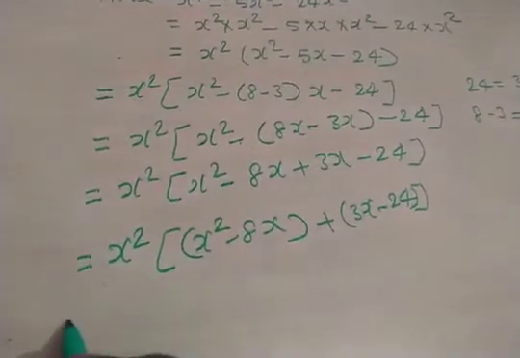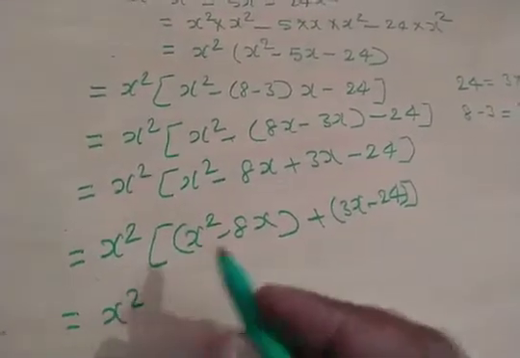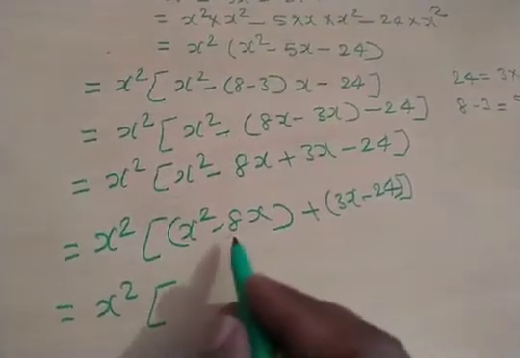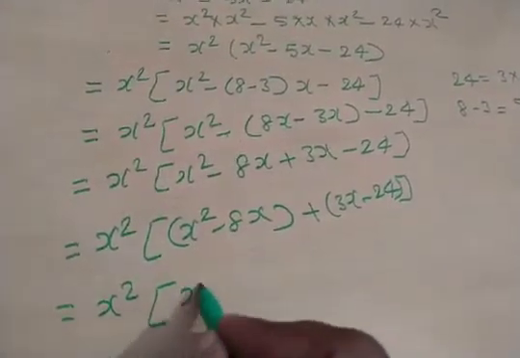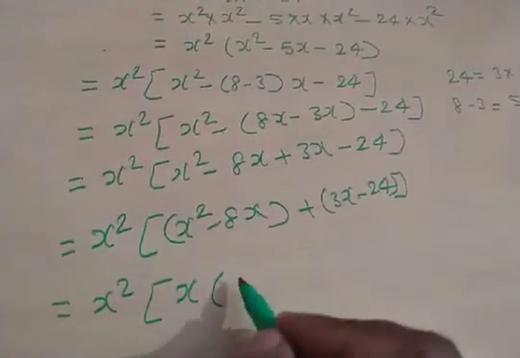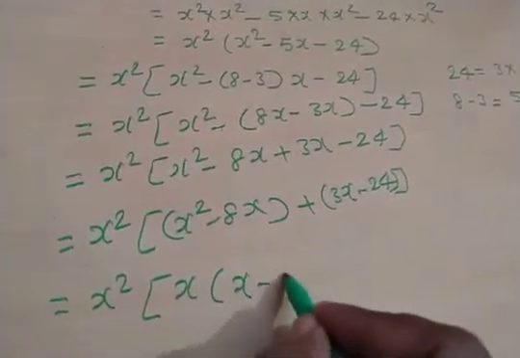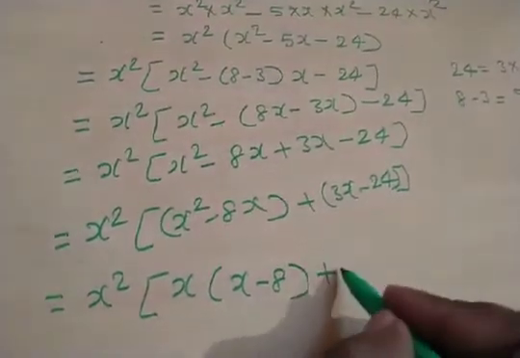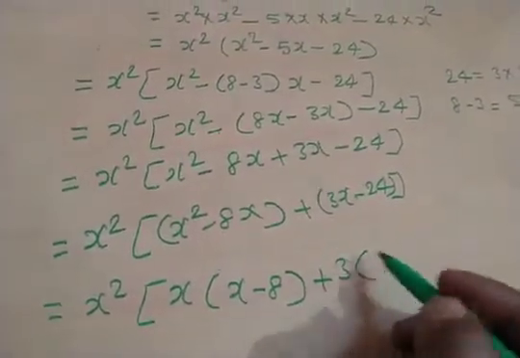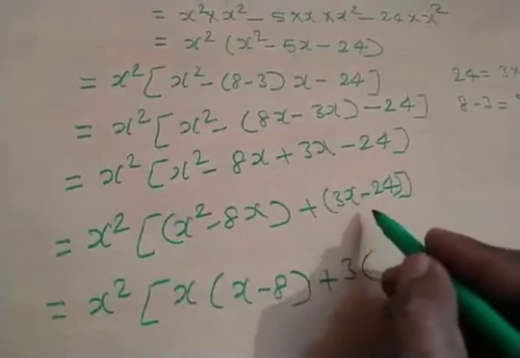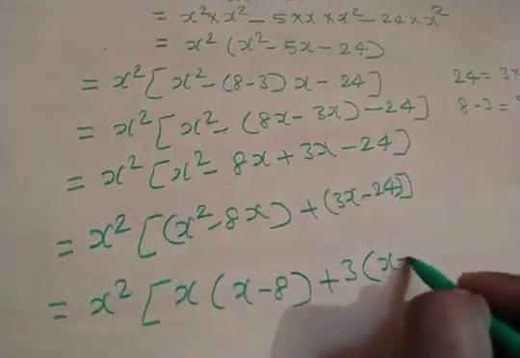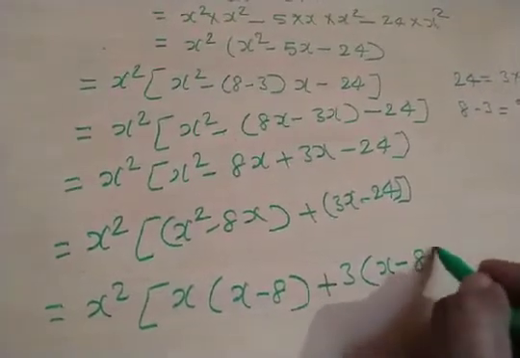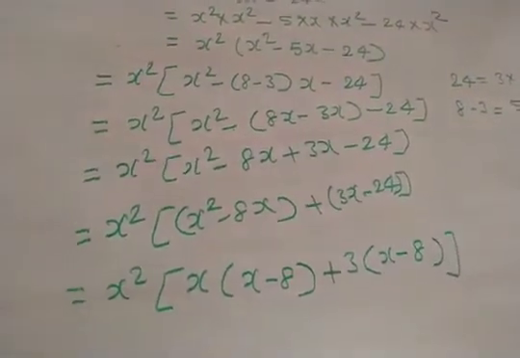So here you can see what is common between them. x square, what is common here? You can see here x is common. So x into x minus 8, and the plus 3 is common here. So 3 into, if it is common, take 3 here. So here it becomes x minus 8, 3 eights are 24. Clear?